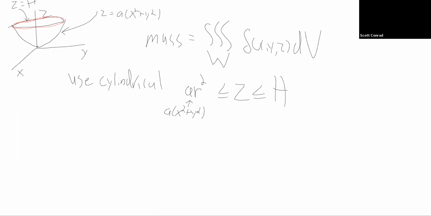Notice, if we flatten this whole thing down into the xy plane, the widest part, everything inside this outer curve, happens at the intersection of the plane z equals h and the paraboloid z equals a times x squared plus y squared.